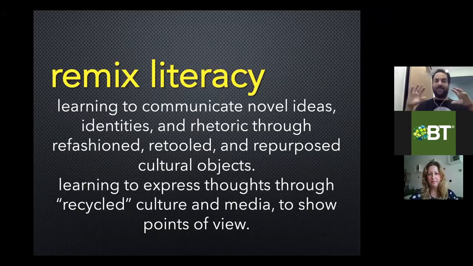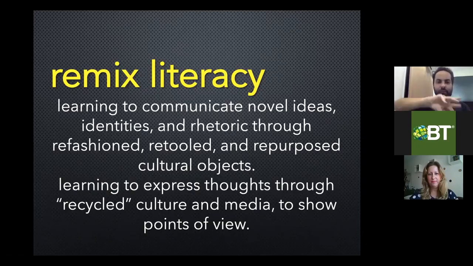Because what happens is that students have access to lots of information nowadays. Podcasts, videos on YouTube, images on the internet, and all of these materials are available to them. So we need to teach our students how to use all the content they find online and offline to be able to express themselves. So how they can use videos, songs, podcasts, images to represent their ideas.